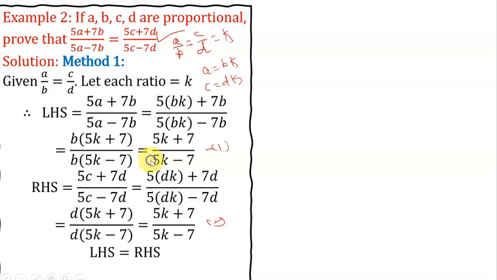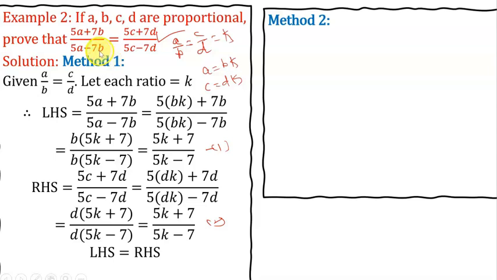Now again, the second method. This is also a very interesting method. If you observe here, the coefficient of a is 5, the coefficient of b is 7. Observe here, the coefficient of c is 5 and the coefficient of d is 7. We multiply this ratio, a upon b is equal to c upon d, where the coefficient of a is 5, that is into 5, and the coefficient of b is 7, into 7.